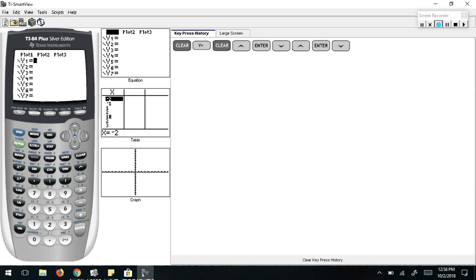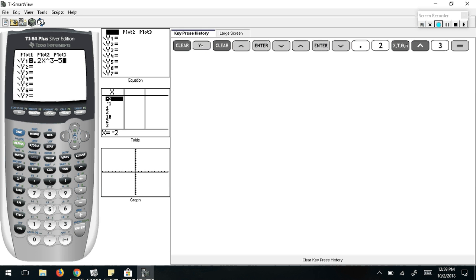Okay? Y equals 0.2. The button right here beside the alpha is your x button. So 0.2 x to the third. The button right beside the green alpha button.